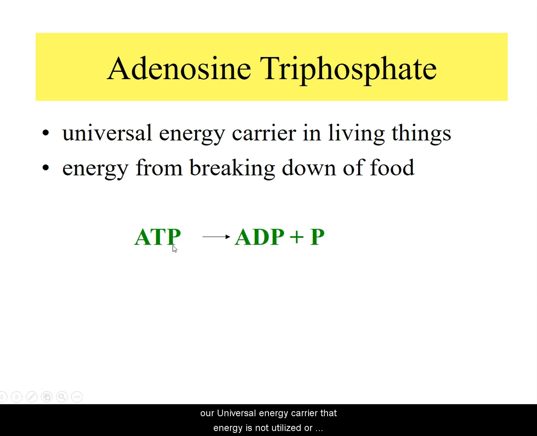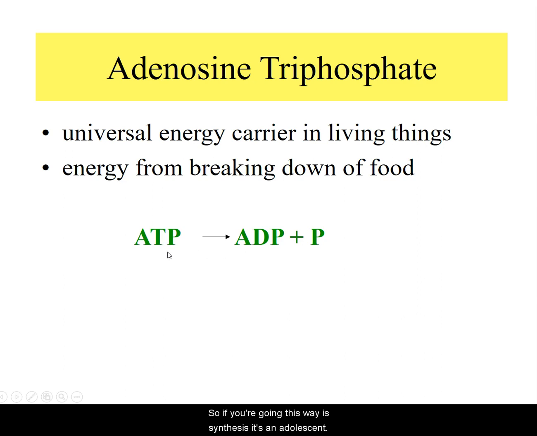That energy is not utilized or released to be utilized until the bond between these is broken and that energy is released. So it requires energy to go this direction. To make the ATP, you have to have energy.